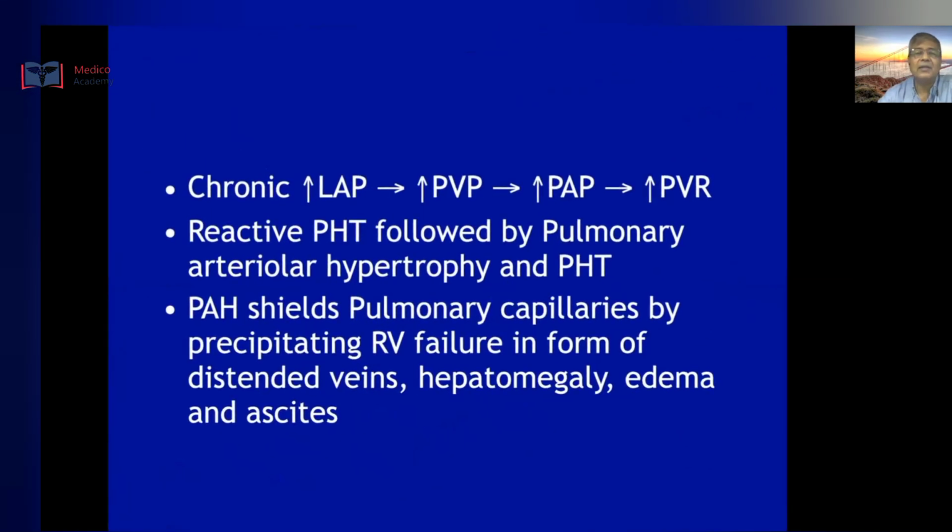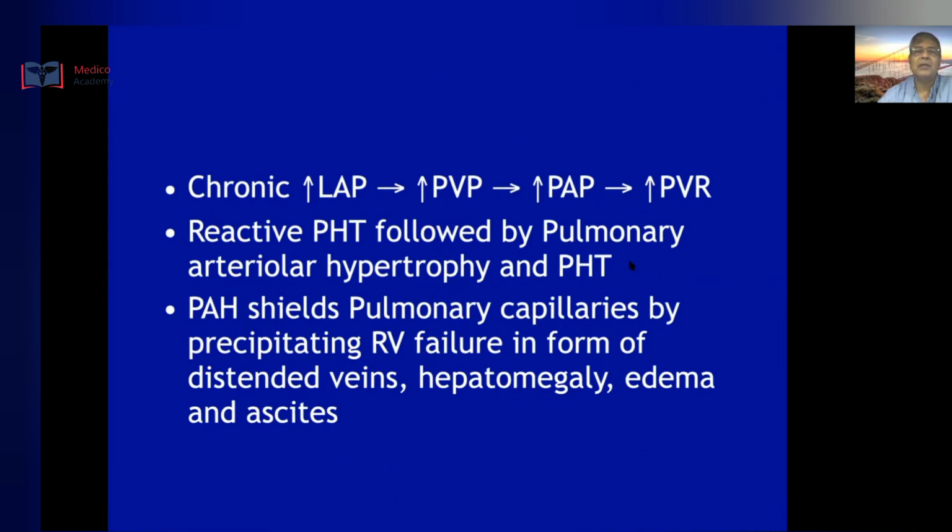Clinically, an increase in the left atrial pressure causes an increase in the pulmonary venous pressure, the pulmonary arterial pressure, and it also increases the pulmonary vascular resistance. But this reactive pulmonary hypertension is followed by a permanent change in the pulmonary arterial system, that is, pulmonary arteriolar hypertrophy occurs, which results in chronic pulmonary hypertension.